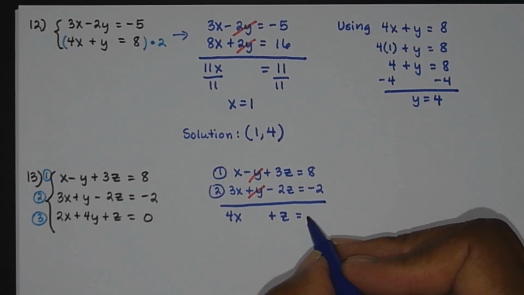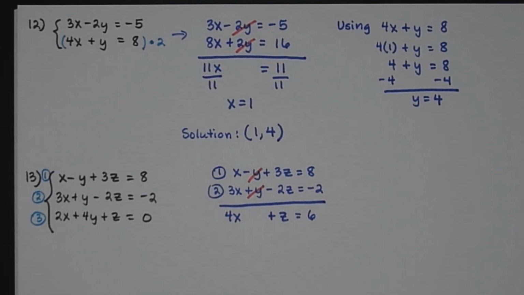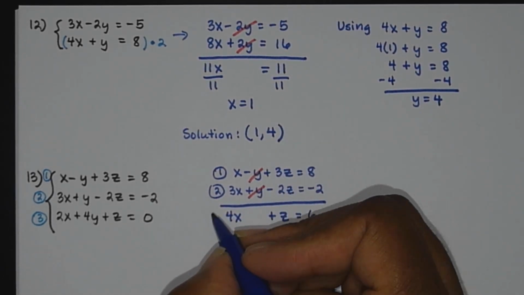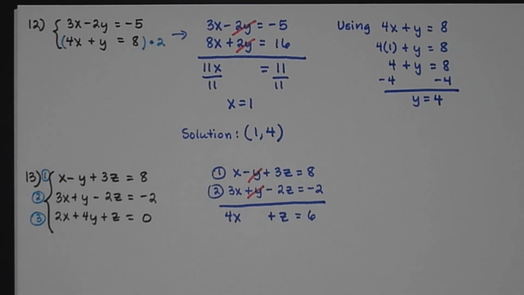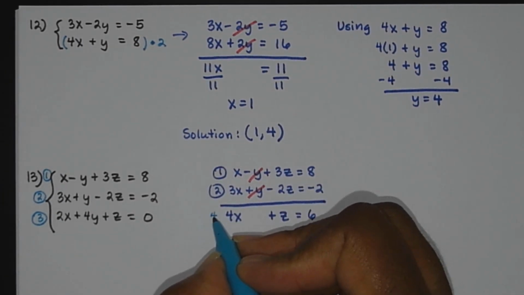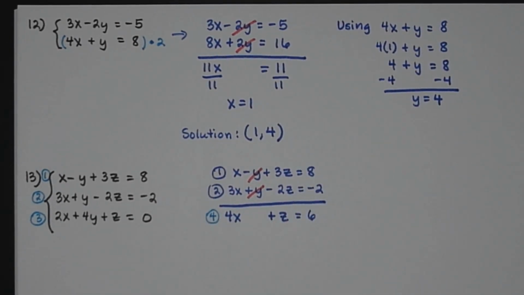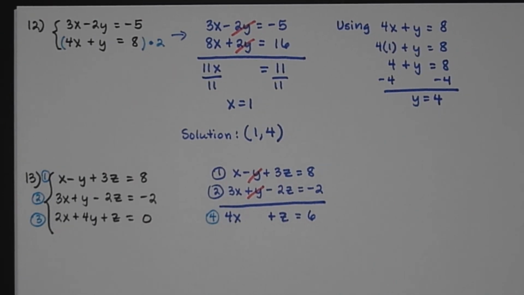And then 8 minus 2 will be 6. So I have one equation in 2 variables: 4x plus z is equal to 6. And I'm going to label this as equation 4.